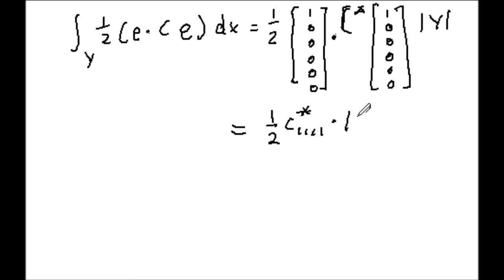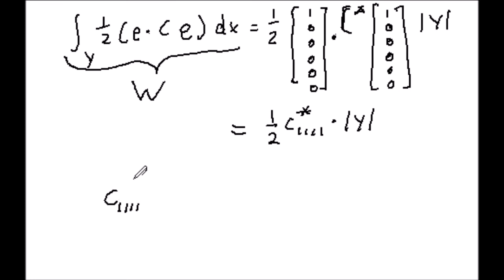And of course we need to multiply it with the area of this cell Y in addition. Calling the energy W, we know that C11 star is just equal to twice the energy that we have measured or computed.